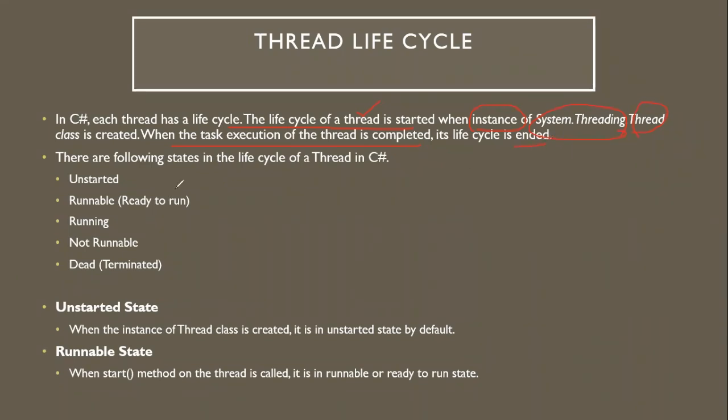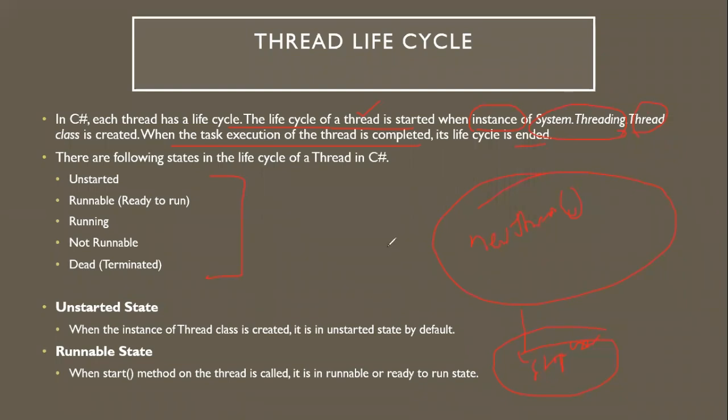Now these are the different states of the life cycle of a thread. So when is the thread life cycle starting? When we create an instance of the thread class. And when the execution of the thread ends, the life cycle of the thread will end.